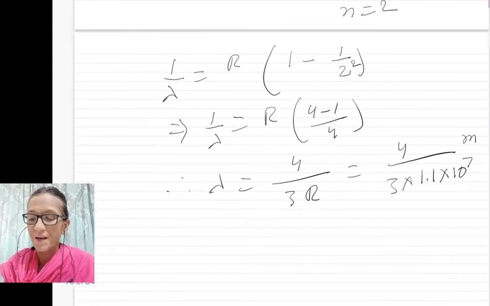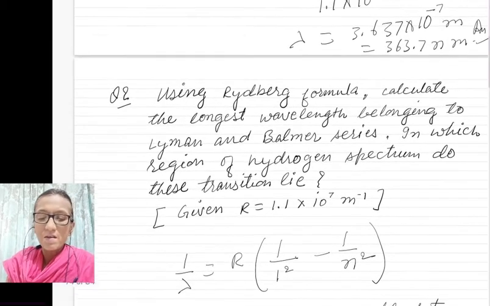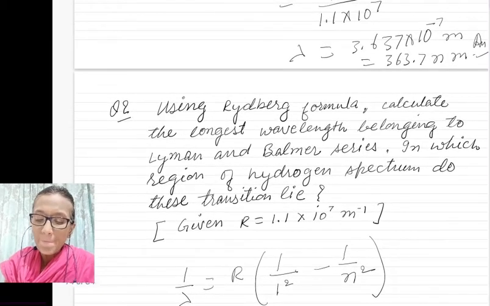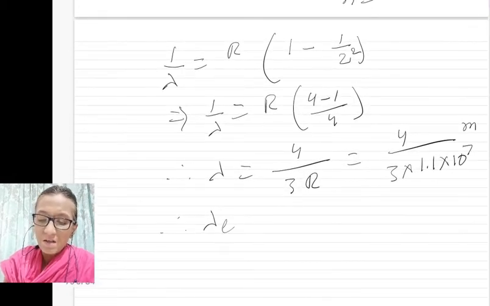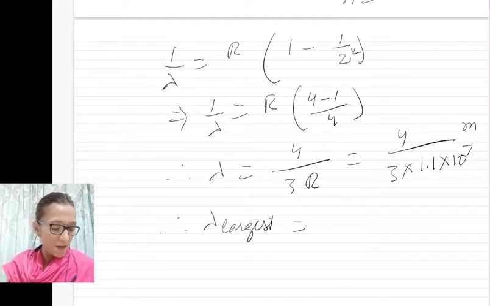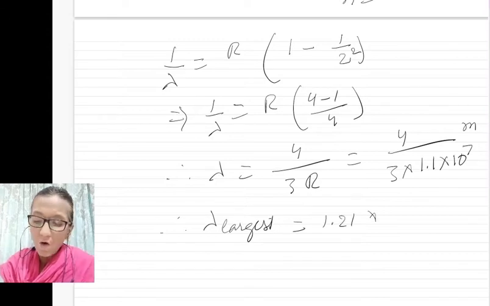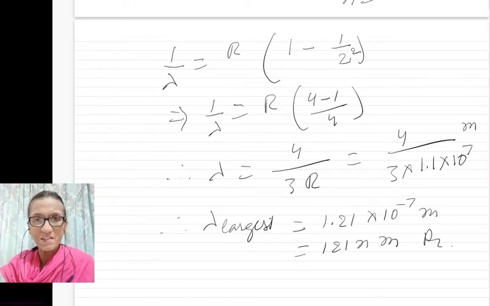So therefore lambda largest, I have already calculated this value for Lyman series, and this is 1.21 into 10 to the power minus 7 meter, and this is 121 nanometer. So this is your first answer.